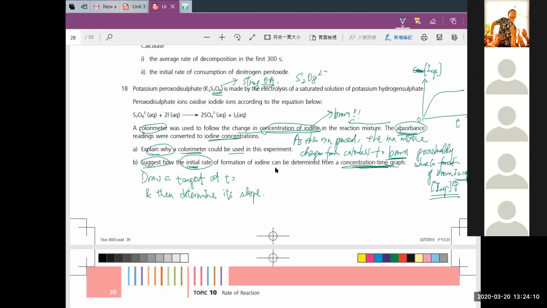You are going to draw the line starting from the beginning and extend it upward; it does not need to follow the curve. That gives the initial rate. So what do you call that line? A tangent, yes. At what time?